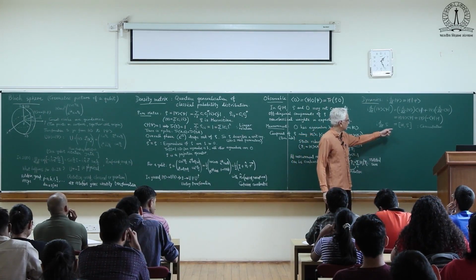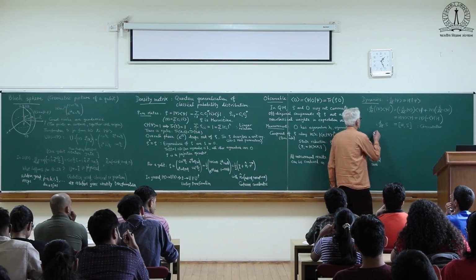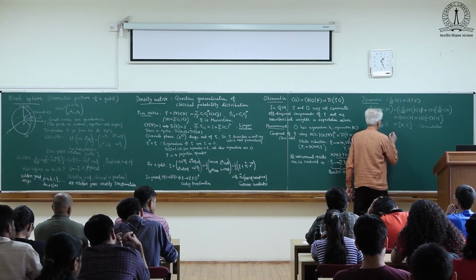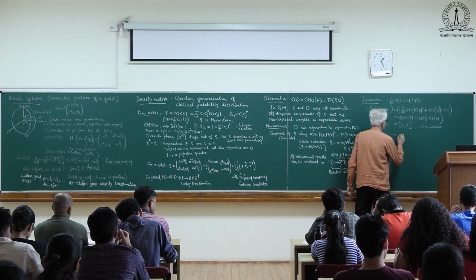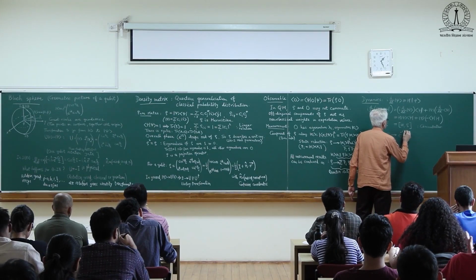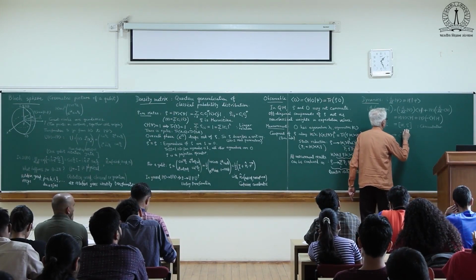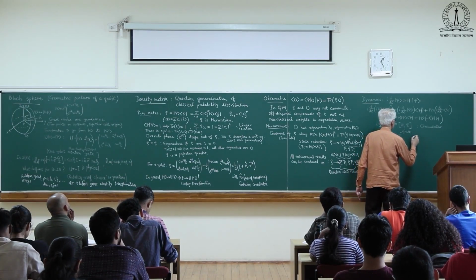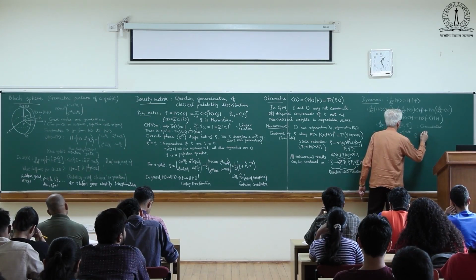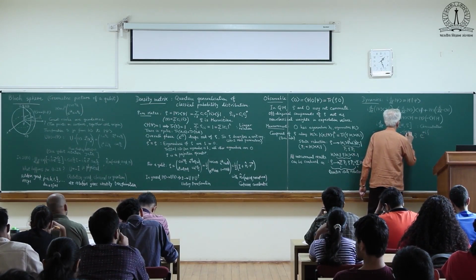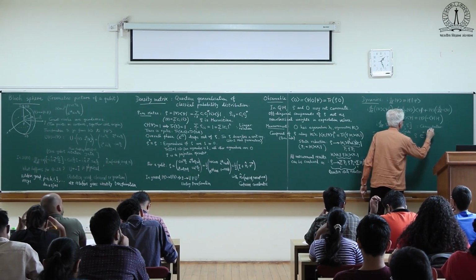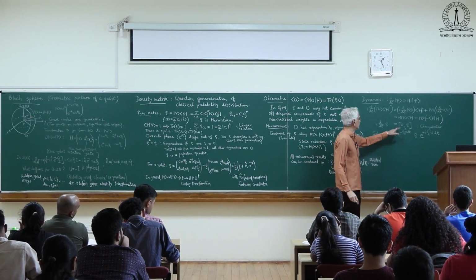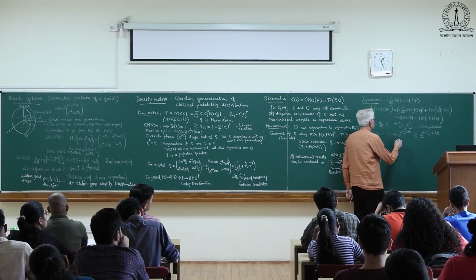If you want to integrate this, you can write this thing in that language again as rho will be whatever I was writing, H. This is the solution of this equation in time order.